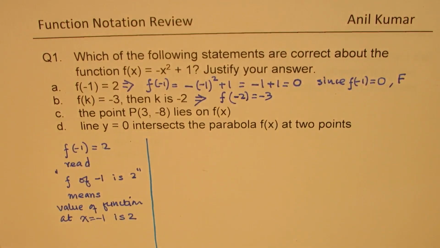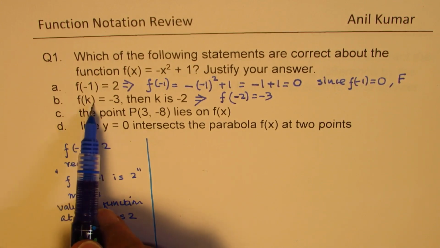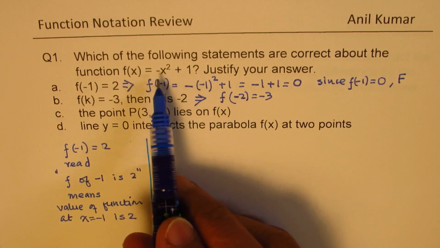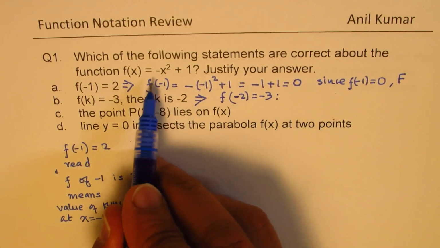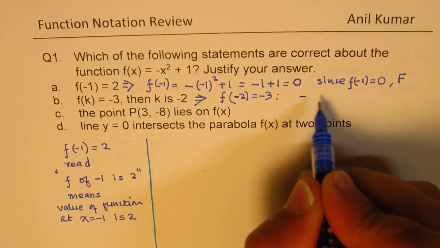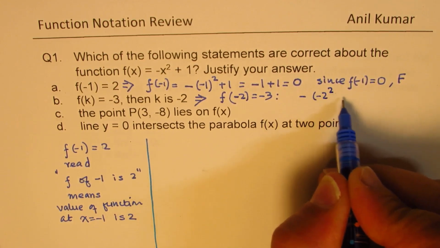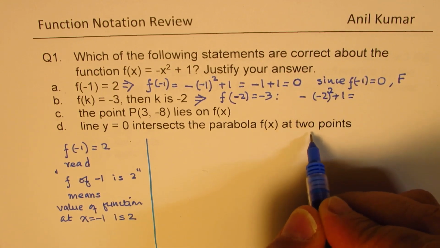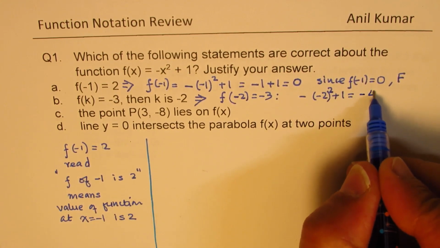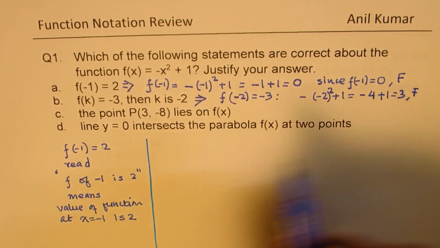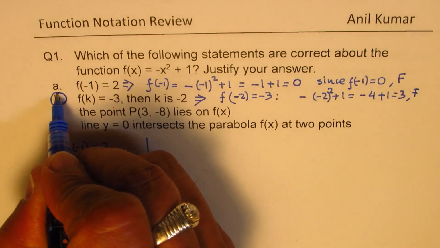So let us substitute minus 2 here. I get minus of minus 2 squared plus 1. Minus 2 squared is 4. So you get minus 4 plus 1, which is minus 3. So this is true, correct? Therefore, we'll circle this. So that is correct.